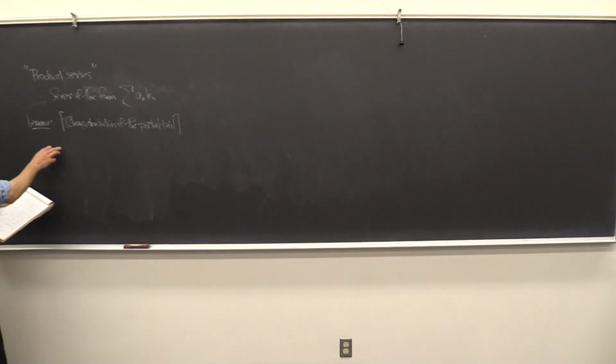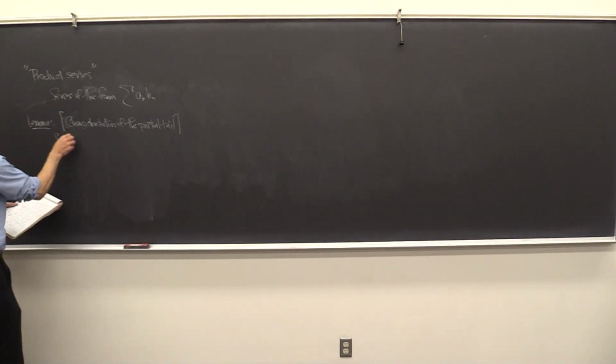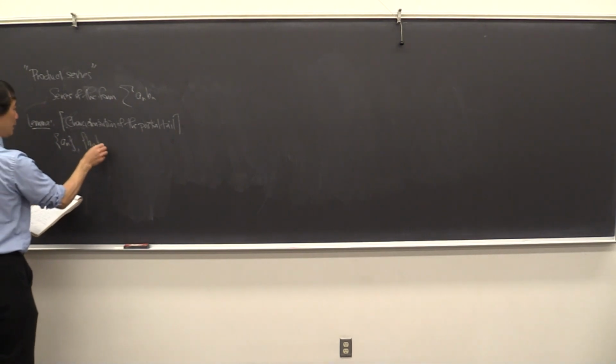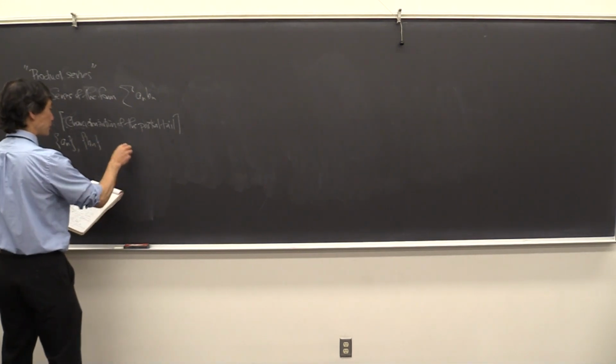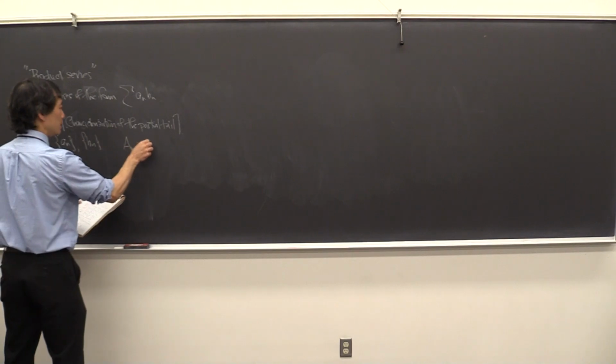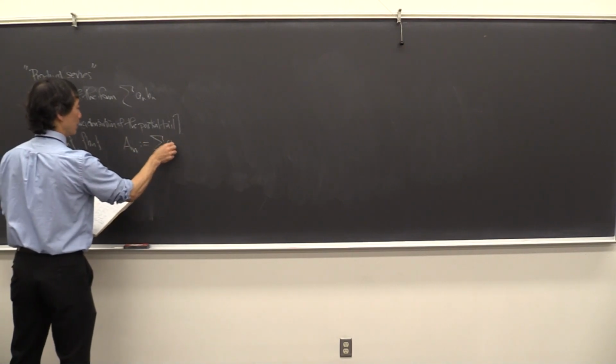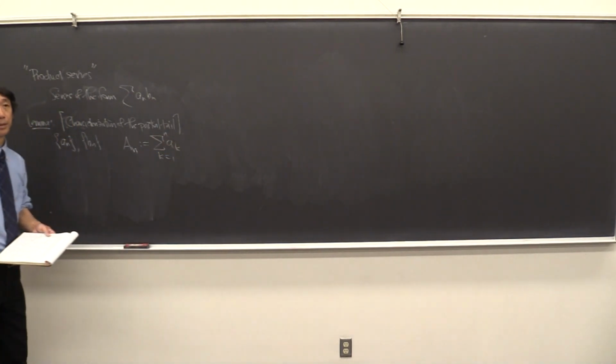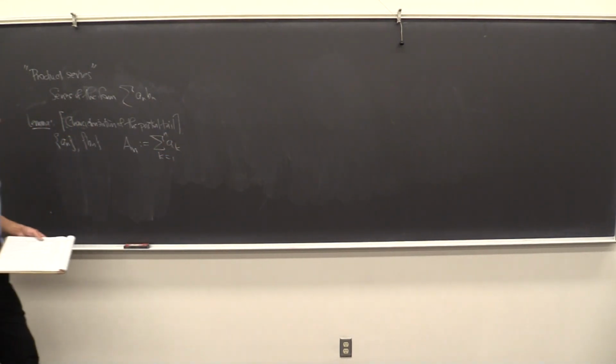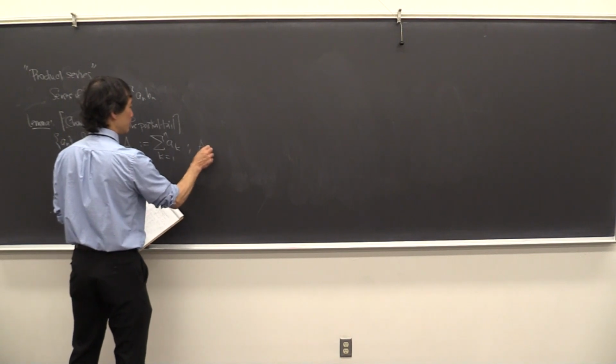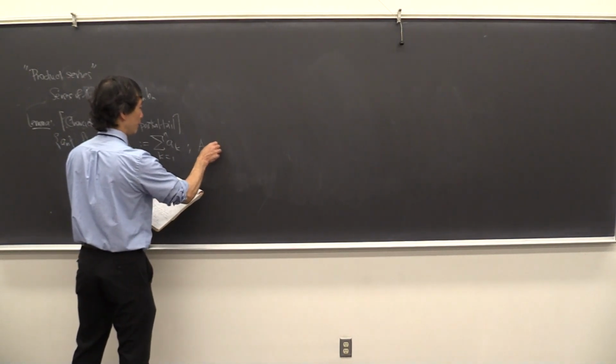Okay, so here's the theorem. You have two sequences, a sub n and b sub n, and you let capital A sub n be the partial sum of the a's, so k from 1 to n. And for convenience, we're going to denote A sub negative 1 as 0.